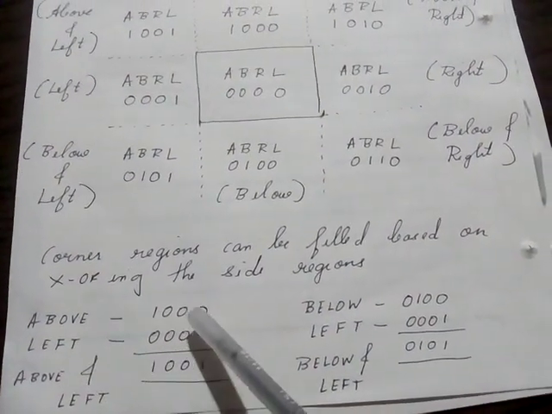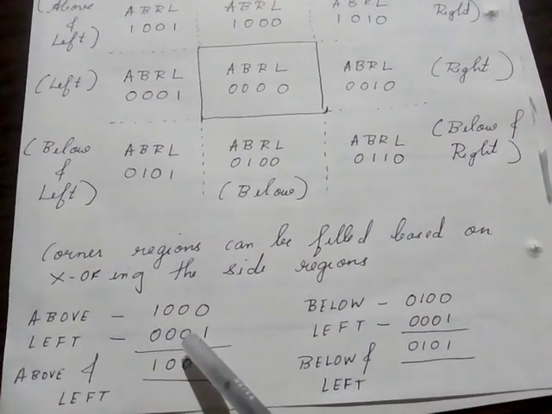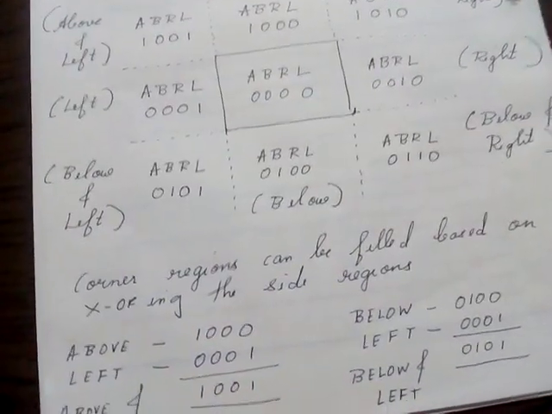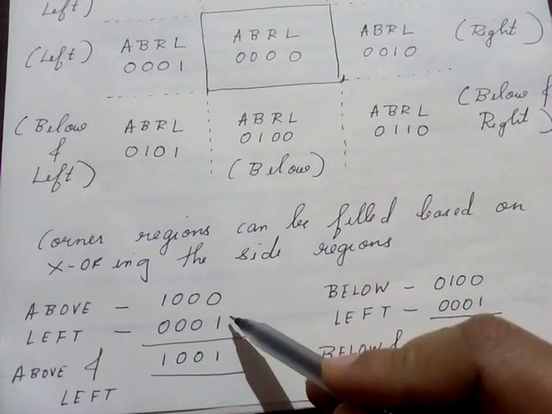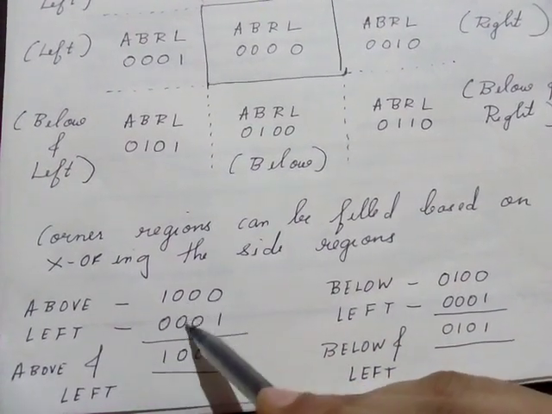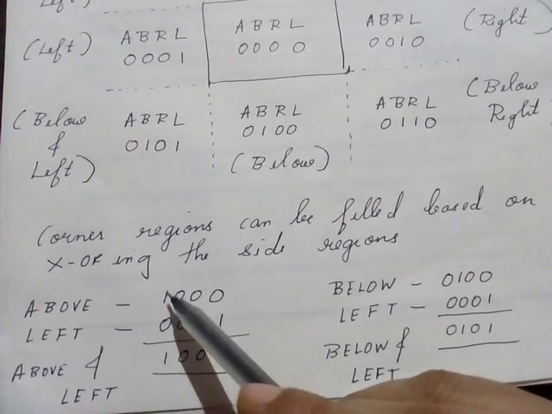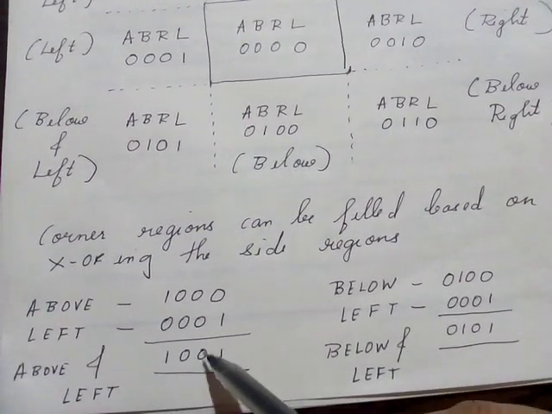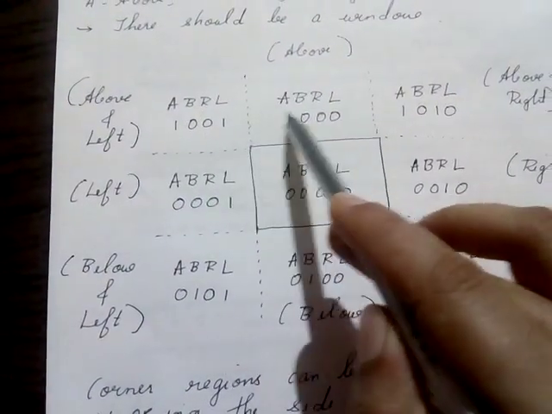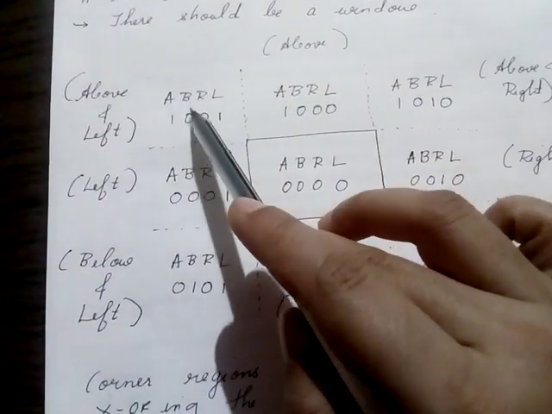Above is 1 0 0, left is 0 0 1. XOR means if the values are different it gives 1, if they are the same it gives 0. So 1 XOR 0 is 1, 0 XOR 0 is 0, 0 XOR 0 is 0, and 0 XOR 1 is 1. What you get is above and left.